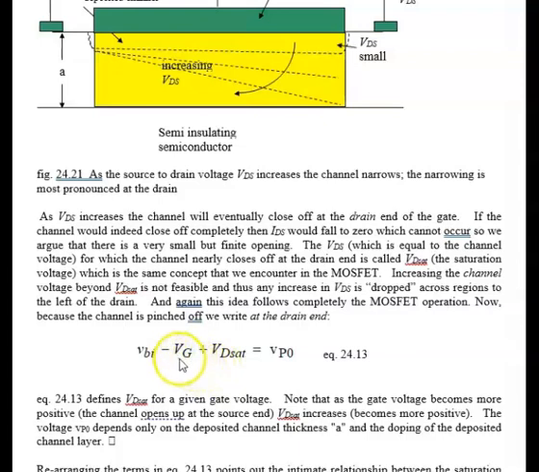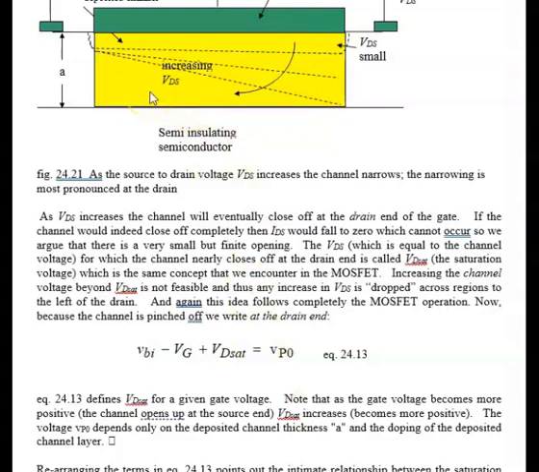Now, as the gate voltage becomes more positive, this term, minus the gate voltage, goes down, and in order for this equation to hold, VDSAT must compensate by going up, and that's exactly the kind of behavior that we saw for a MOSFET. The VPO, the pinch-off voltage, depends only on the material parameters, namely the thickness A and the doping of the deposited channel.